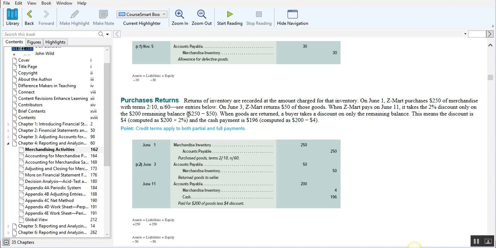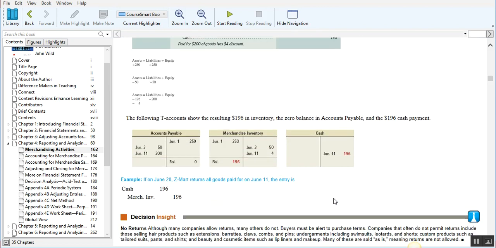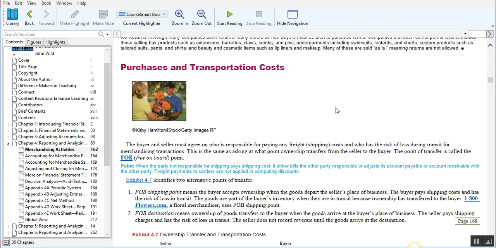You notice the calculation here. You take the original purchase minus the return, and 2% of that will be a $4 discount, which you're reducing inventory with, reducing the cost of inventory, and then you will pay the cash to the supplier for $196, and they will mark the account paid in full. Here are the T accounts to show you that transaction.